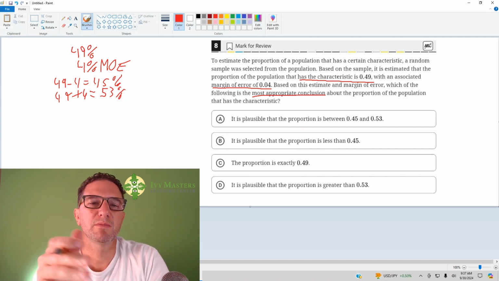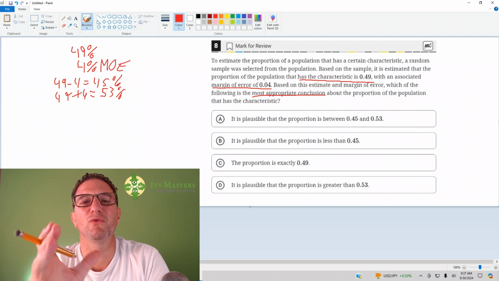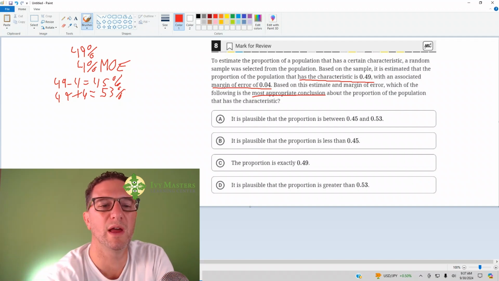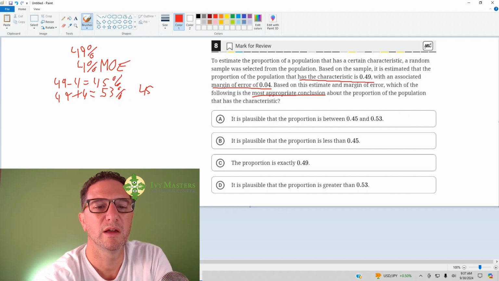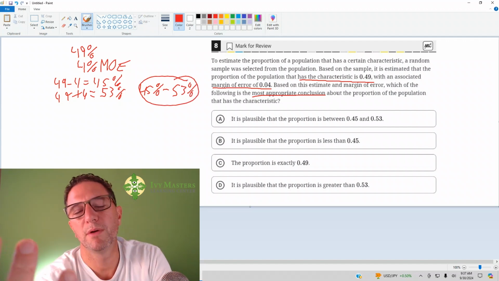It's our best estimation, but we're thinking it's 4%. It could go 4% either way. So that's why, really, when you say 49%, 4% margin of error, you're saying it could be anywhere between 45% and 53%.